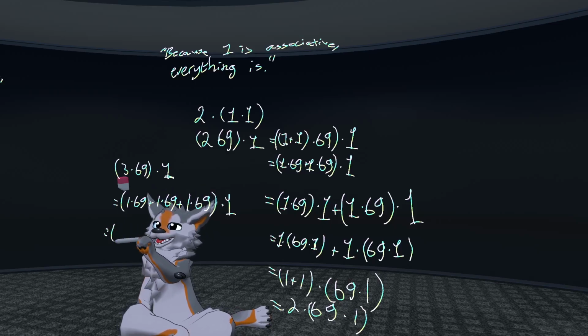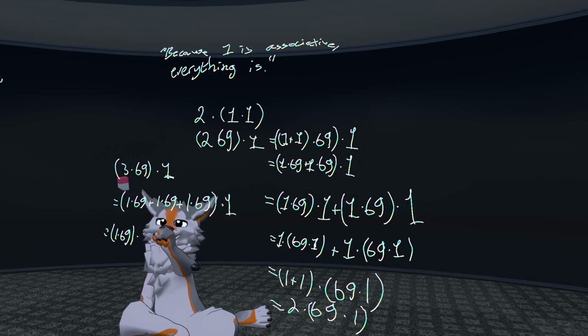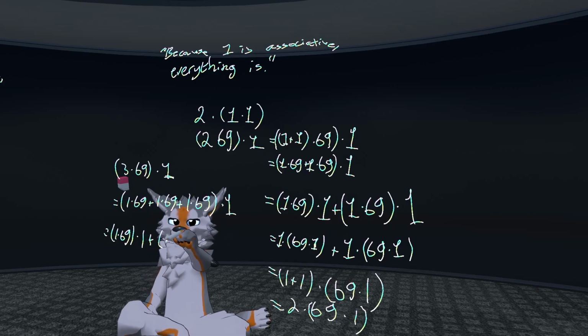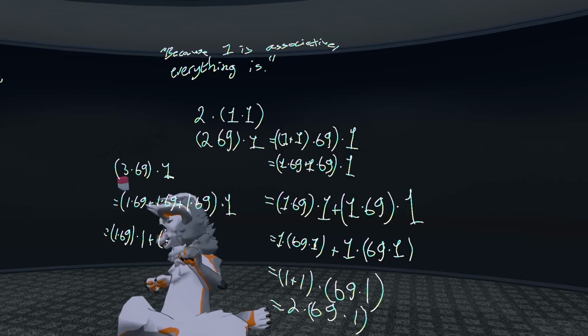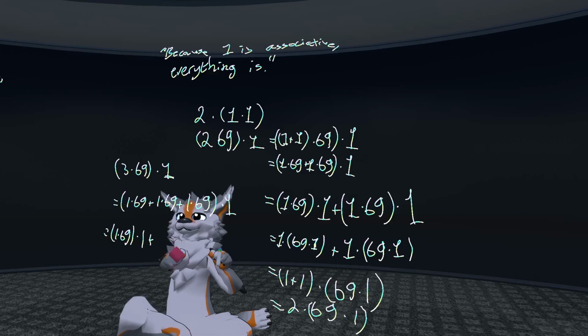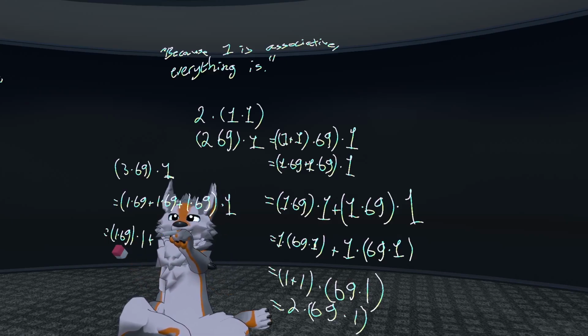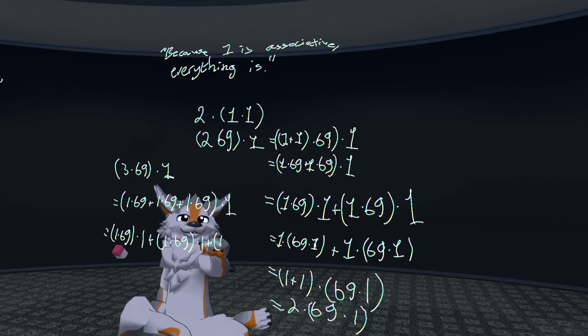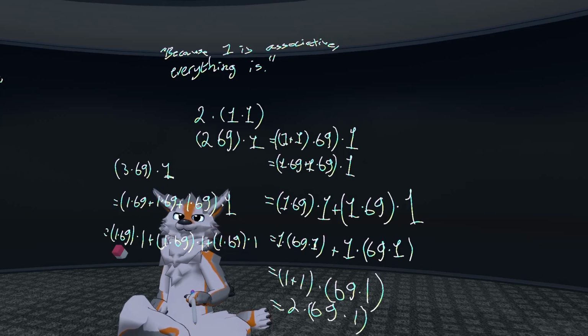So we're going to have 1 times 69 times 1 plus 1 times 69 times 1, right?